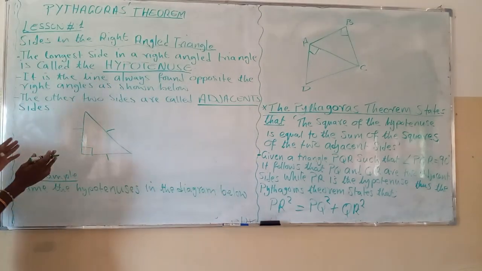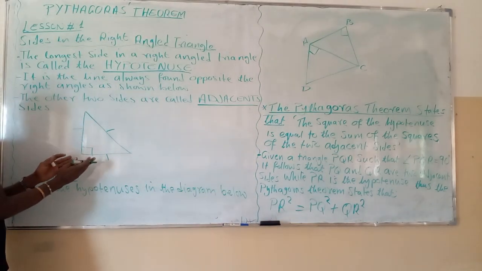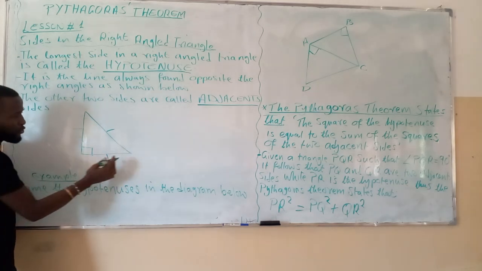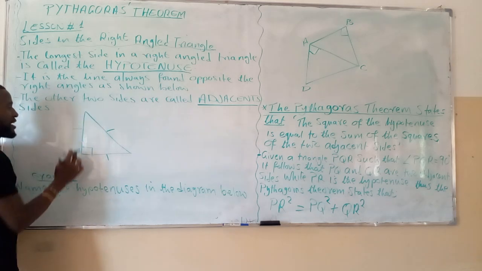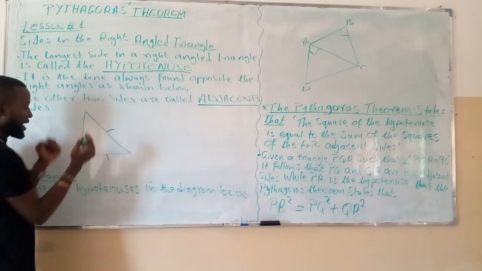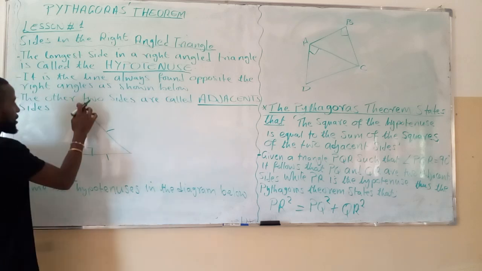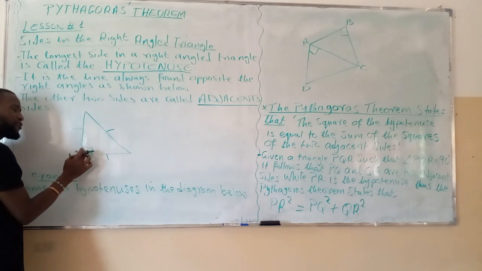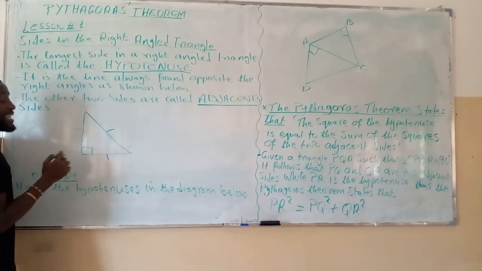Now here is a right angle triangle. This is what I was trying to demonstrate with my hands. You can see this length to this length is my arm when I folded my arm like this. So this side and this side are the adjacent, but the side opposite the right angle is the hypotenuse.